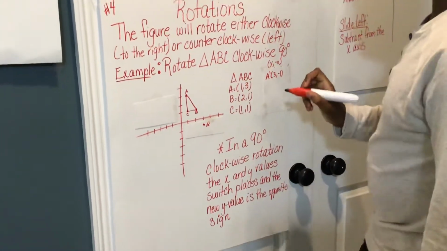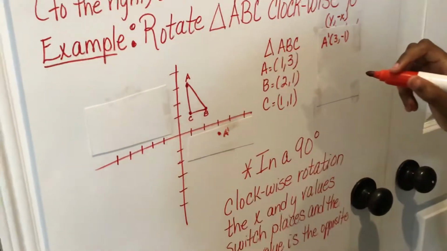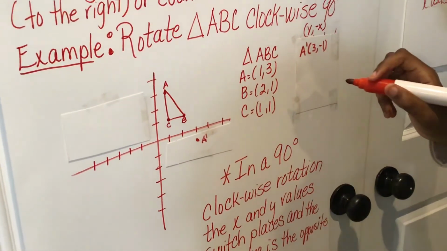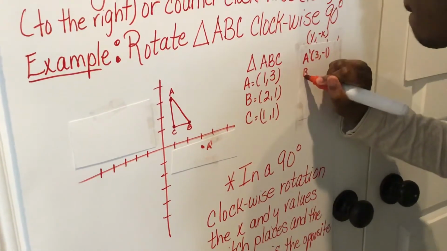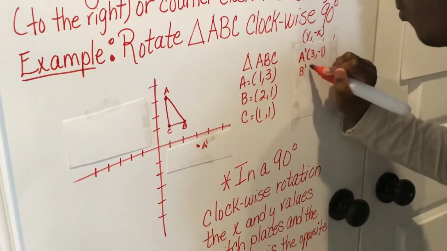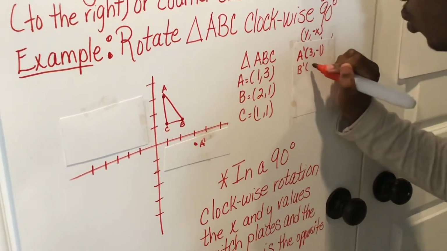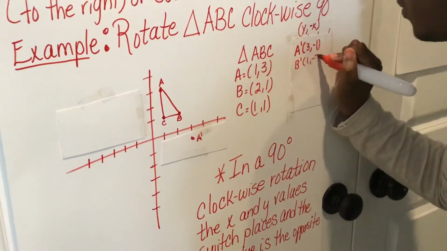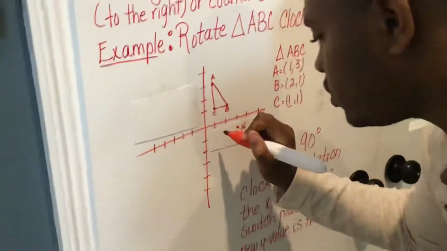Next, we move on to B. Yes, let's move on to B. And B prime would be 1, comma, negative 2.